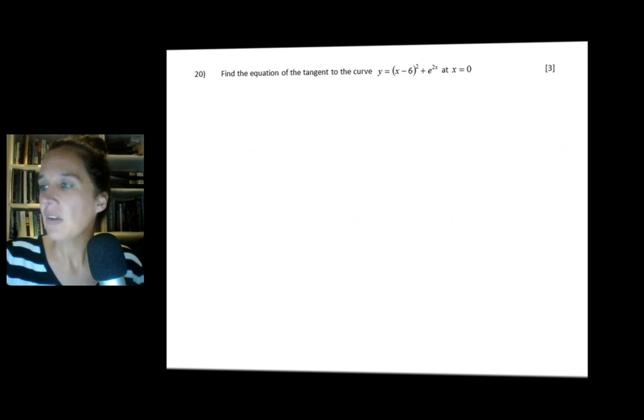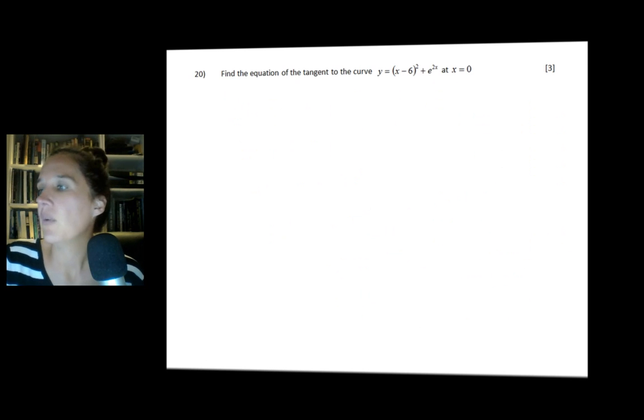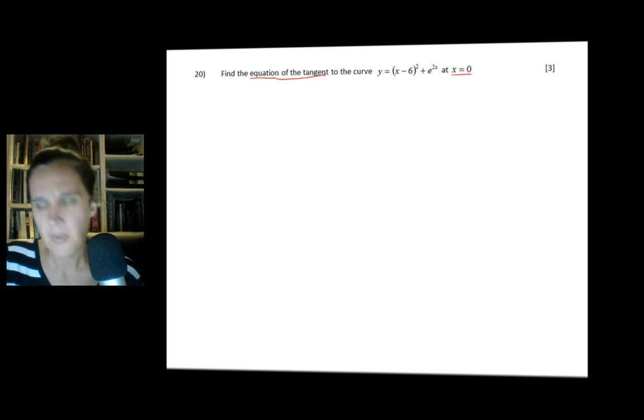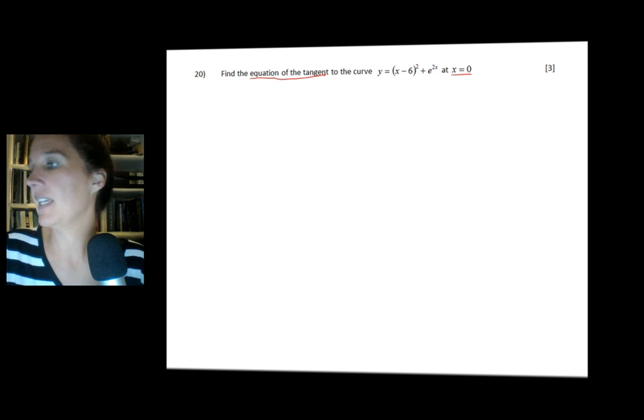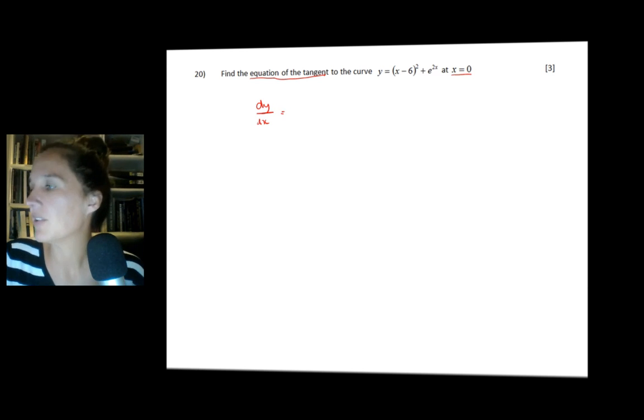Okay, so now looking at question 20. We want to find the equation of the tangent to this curve here at x is equal to 0. So what we're going to do, for our equation of the tangent we need to differentiate first. So here we're going to start with our dy on dx. And so here's our u. So we're bringing it down.